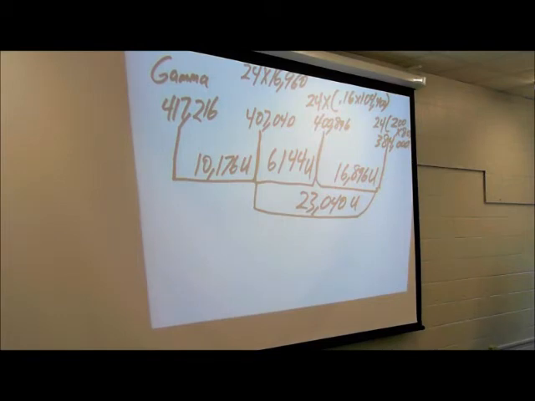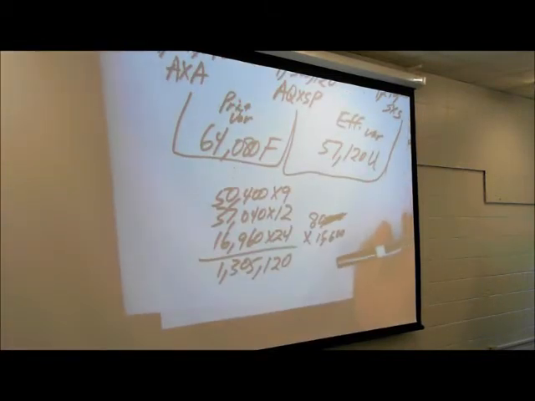Now again, we can go back and add all those up, and they would. We should come up with an overall efficiency variance of 57,120.